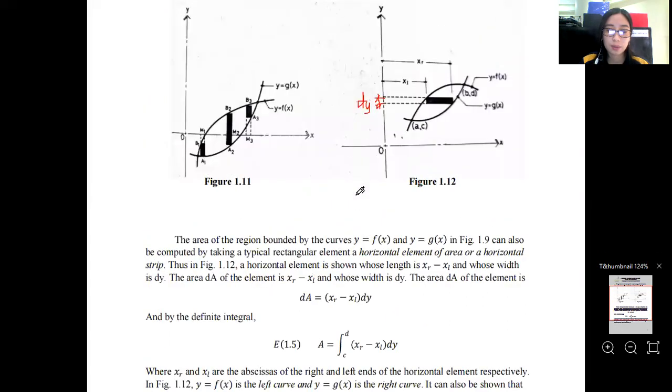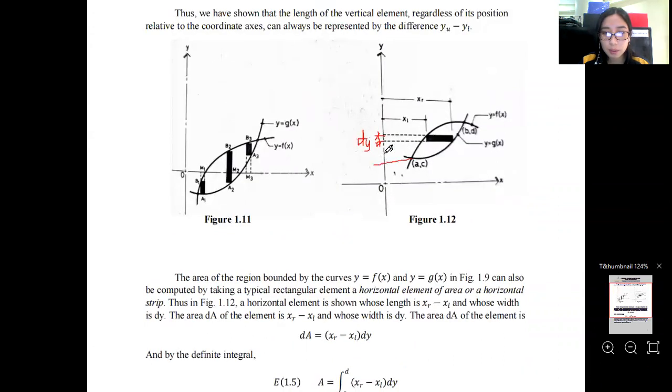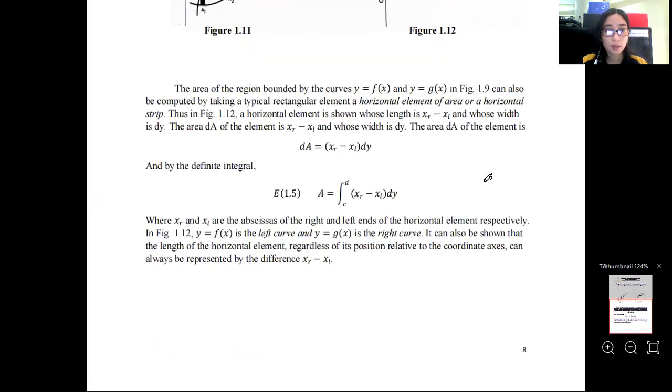Okay. So, mao ni ang atong limit by the way. From y is equal to C to y is equal to D. Okay. So, where x sub r and x sub L are the abscissas of the right and left ends of the horizontal element respectively.